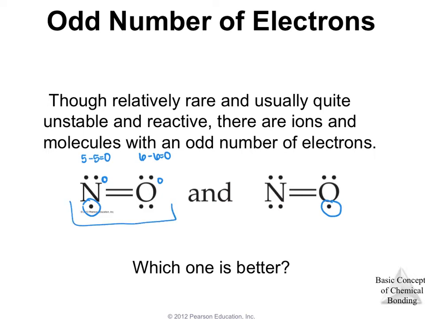Otherwise, over here, nitrogen brings 5 and has 1, 2, 3, 4, 5, 6 things. That's a -1. And oxygen brings 6, but has 1, 2, 3, 4, 5 around it. It's a +1. So nitrogen is farther to the right, which means it's more electronegative. So if there was going to be a negative charge, it should have been on the oxygen. So this is not a viable structure. That's not a good one.